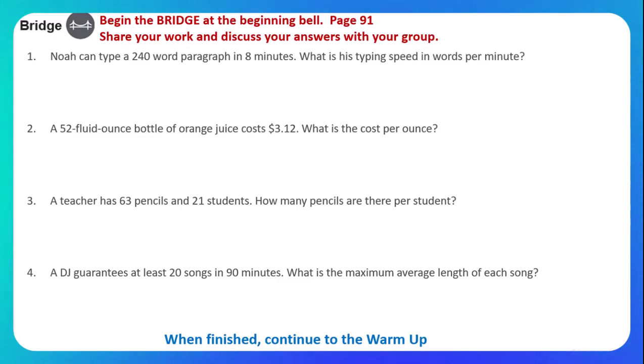All right, you're going to need your calculator, and we want to interpret on question number 1, what is Noah's typing speed? If he can type a 240 word paragraph in 8 minutes, how many words can he type per minute? All right, so you see the per minute. I'm going to underline that.